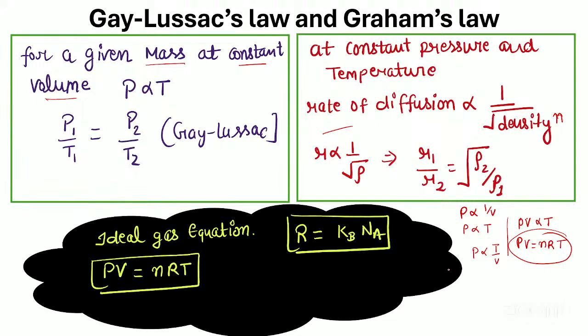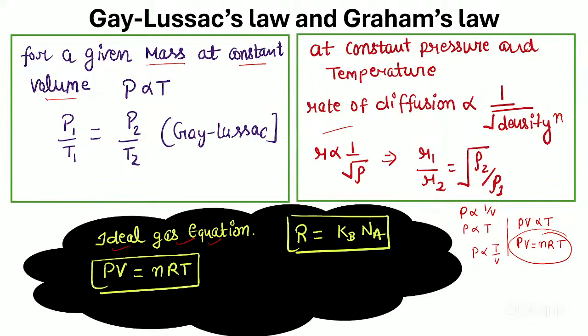This equation is the ideal gas equation: PV equals nRT, where P is the pressure, V is the volume, n is the number of moles, R is the universal gas constant, and T is the temperature.